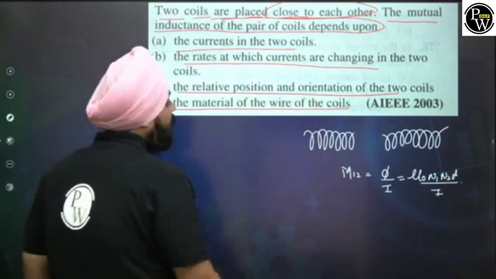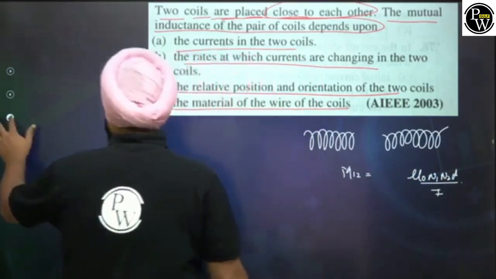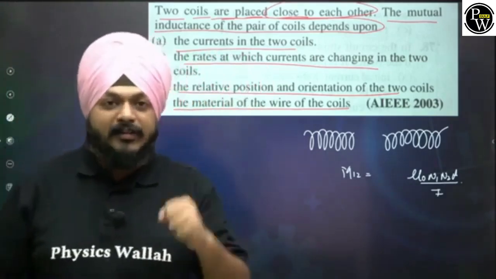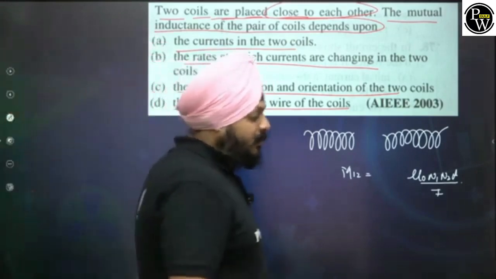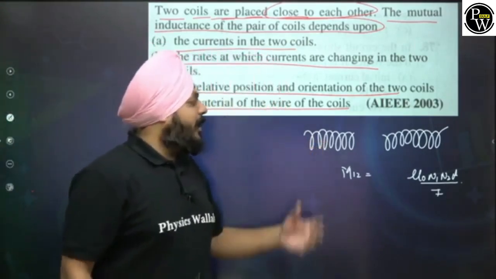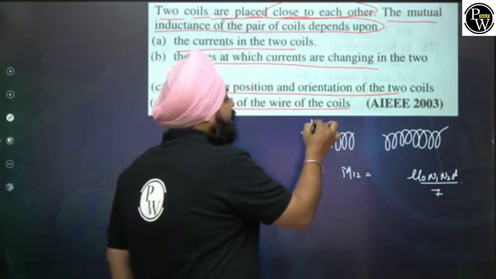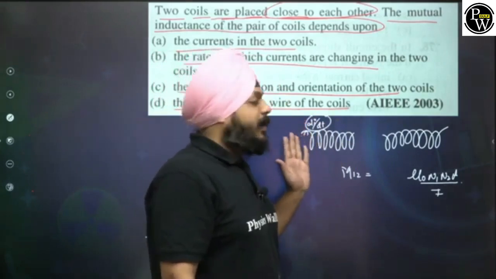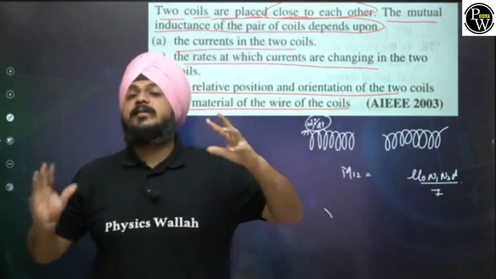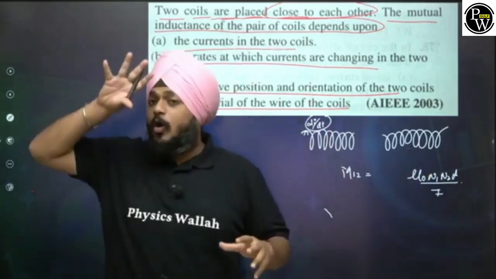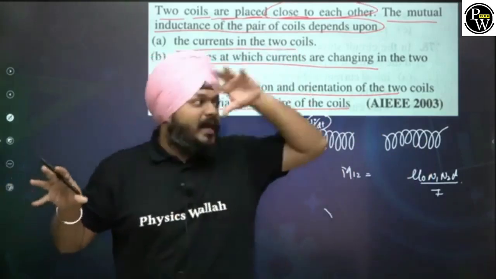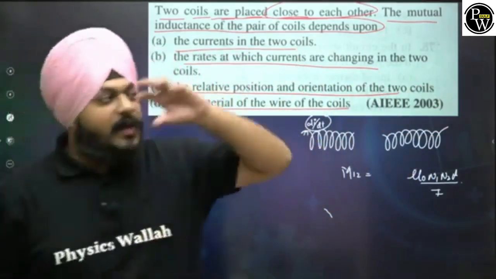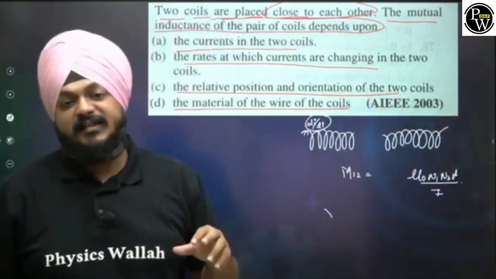Basically, on what factors does the mutual inductance depend? One coil has a change in the value of the current. On the basis of that, one EMF is induced. So here, because of the first coil, a mutual EMF is induced in the second.